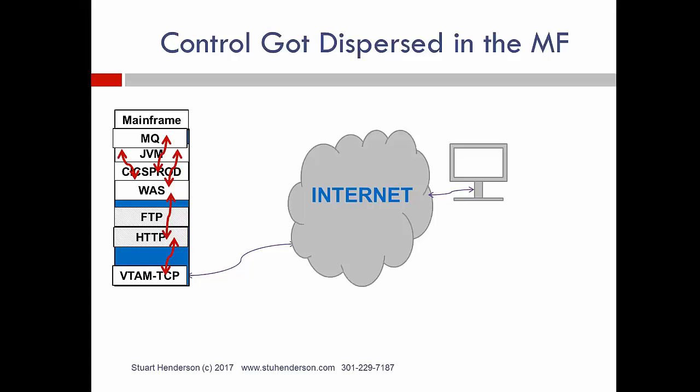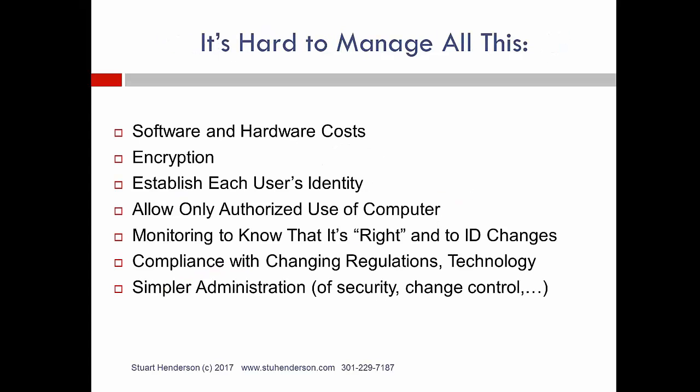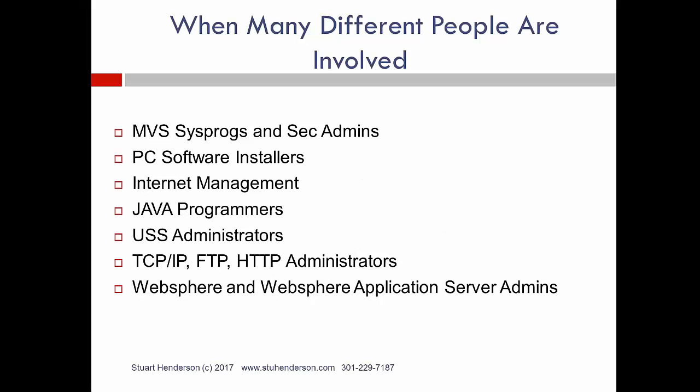So with the added flexibility, we've gotten additional complications, which makes it very difficult to implement management controls, because we want to be able to manage all of these different issues, and because the controls have been dispersed, it's very difficult to do this, especially when all these different people are involved.